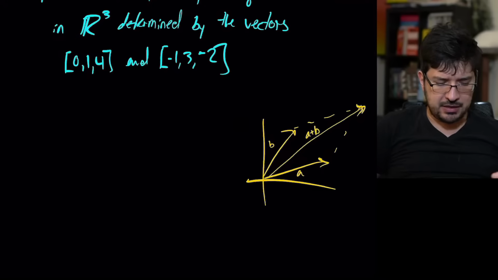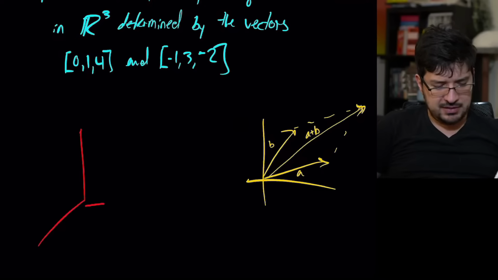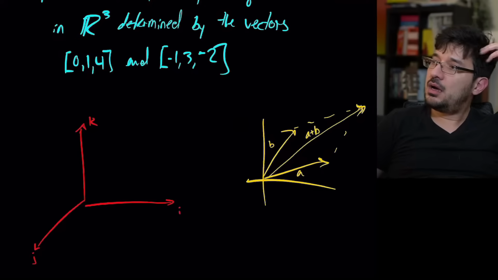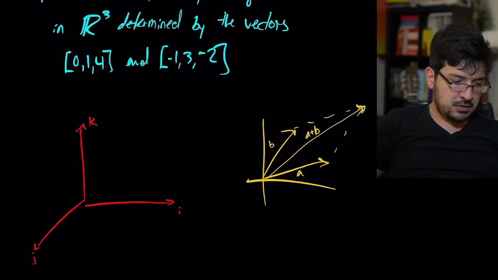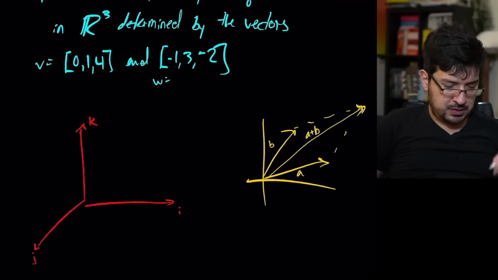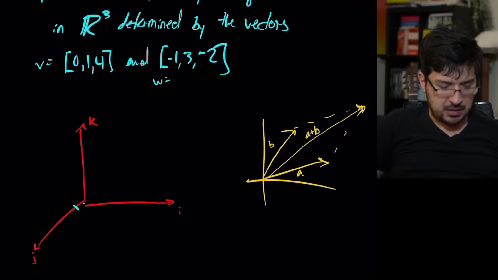I'm bad about thinking in 3D. I'm just not the greatest at it. How's this gonna work? So if we have 3D space, I, J, K. Then let's say that this one is V and this one is W. V is 0 in the I component, 1 in the J component, and 4: 2, 3, 4.